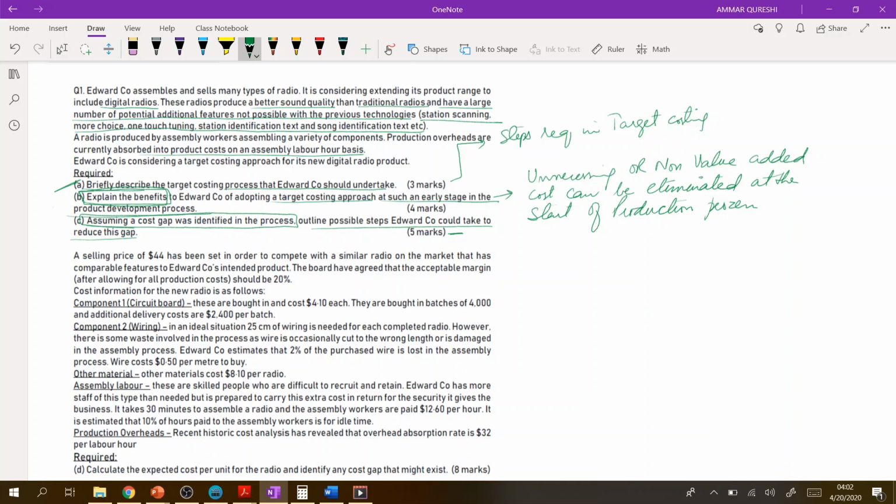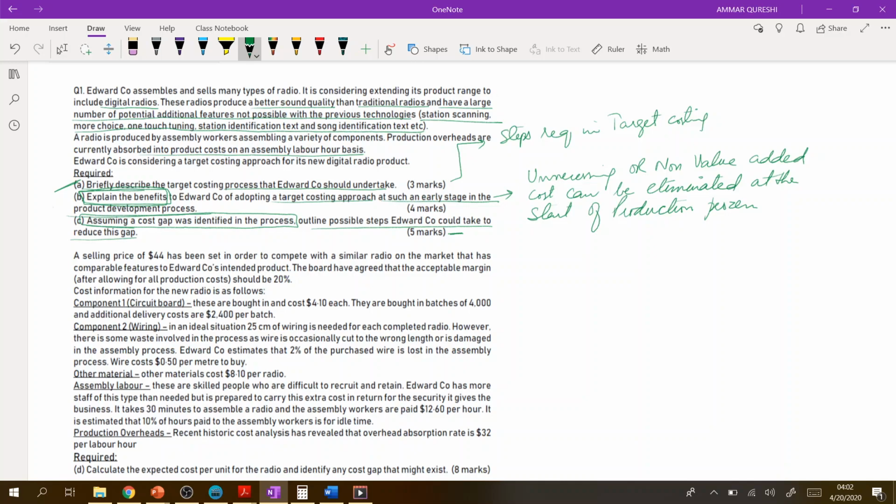Because once you start the production, you usually tend to concentrate more on the production, and the design which you have finalized, you continue to manufacture, because you make arrangements according to the design and structure of the product. It's very difficult for the company to change the design of the product in the middle of the production process.